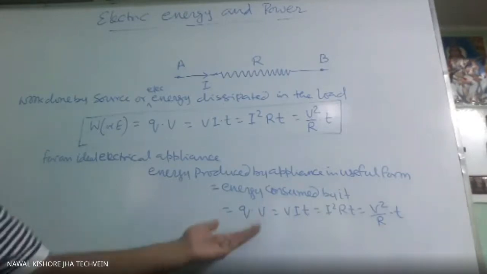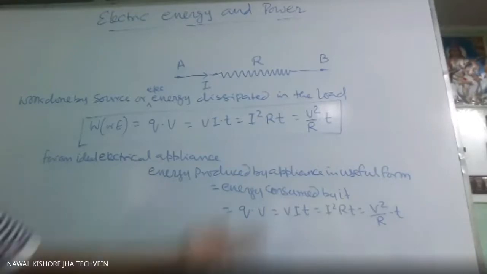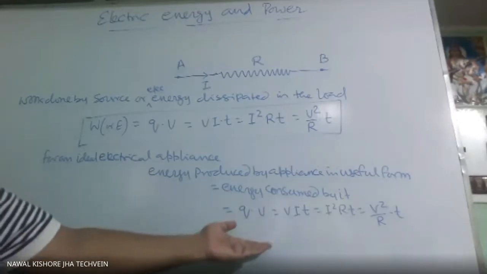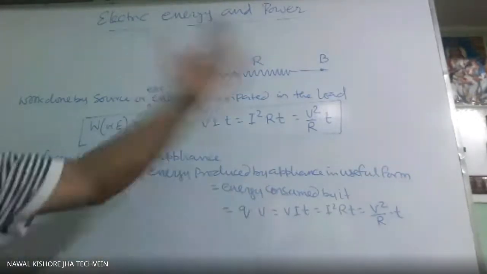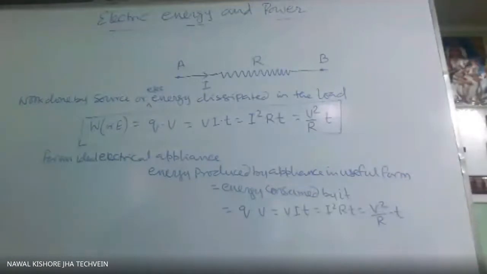Or if this heat is used to melt ice, then heat supplied will be this much, and from that side we will apply the calorimetry formula, that is amount of heat required to melt ice, mass into specific latent heat of fusion. So this way calorimetry and this are connected. Sometimes a numerical is asked in which this one will be used and formula of calorimetry will also be used.